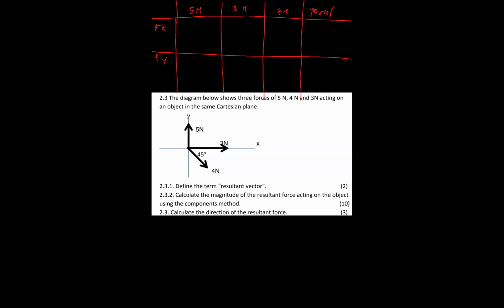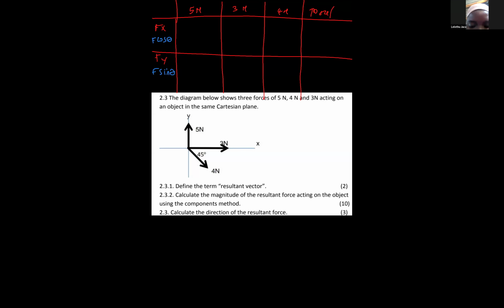So how do we deal with Fx? It is F cos theta, no? Yes. This one is F sine theta. Now, when you look at the 5 newtons, what we need here is just the direction, the angle theta.